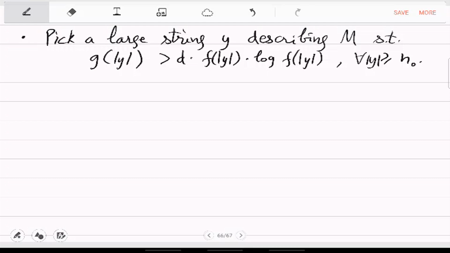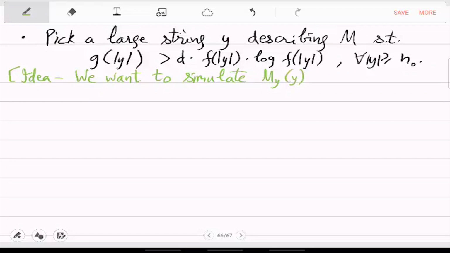What is this? Why do we need this? See, the idea is that we want to simulate M_y on y.